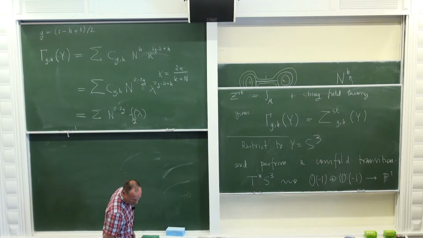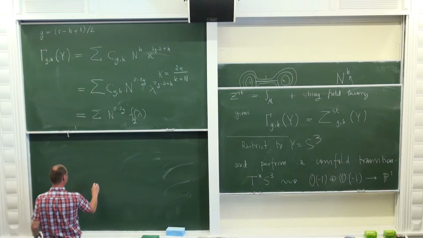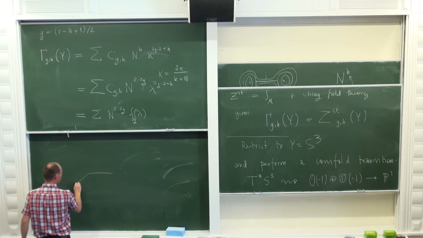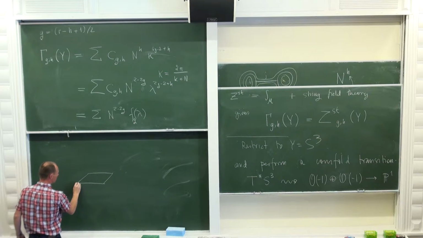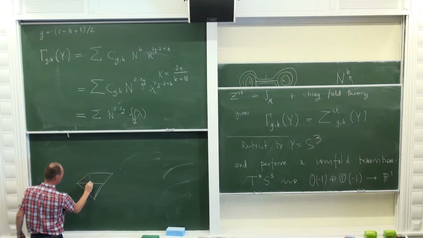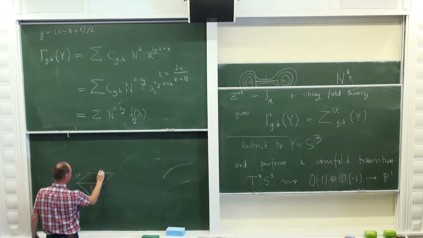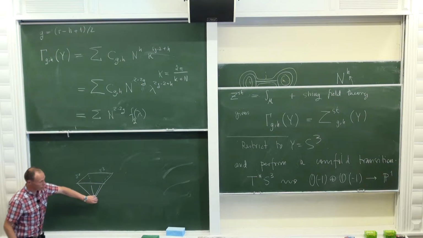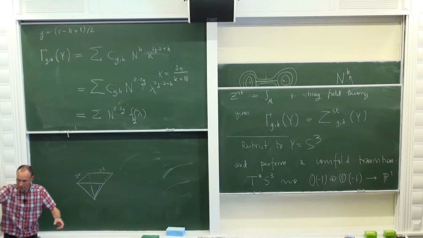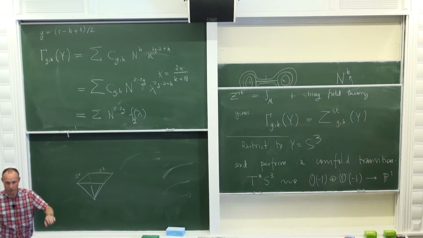Let me draw that picture. So what you have is a space that looks like this. This is maybe S2, and this is S3, and you have this conical singularity when you crush the zero section to 0.